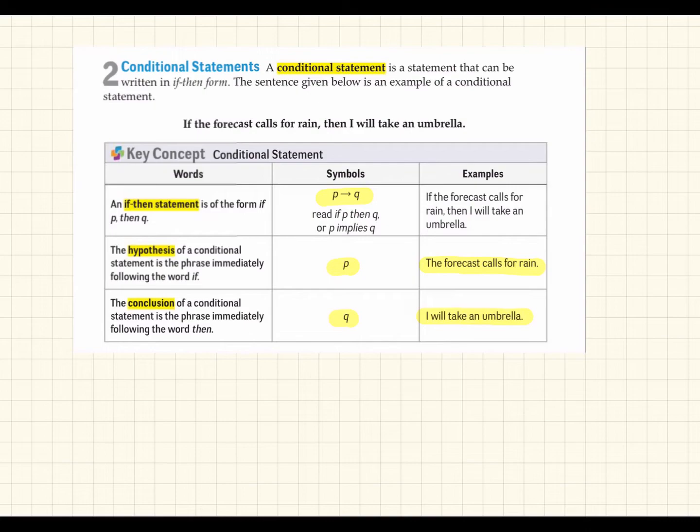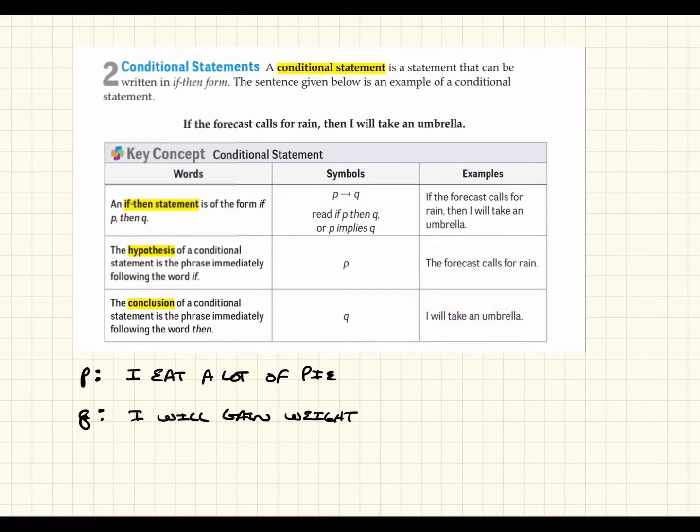Let's take a look at another example. Statement P: I eat a lot of pie. Whether or not that is true, we're not sure yet. I know the answer, but right now that's just thrown out there. What's next?